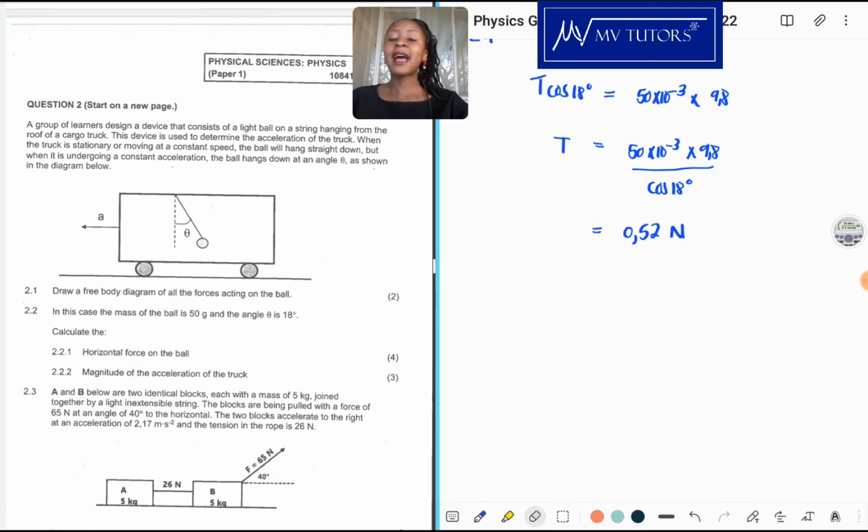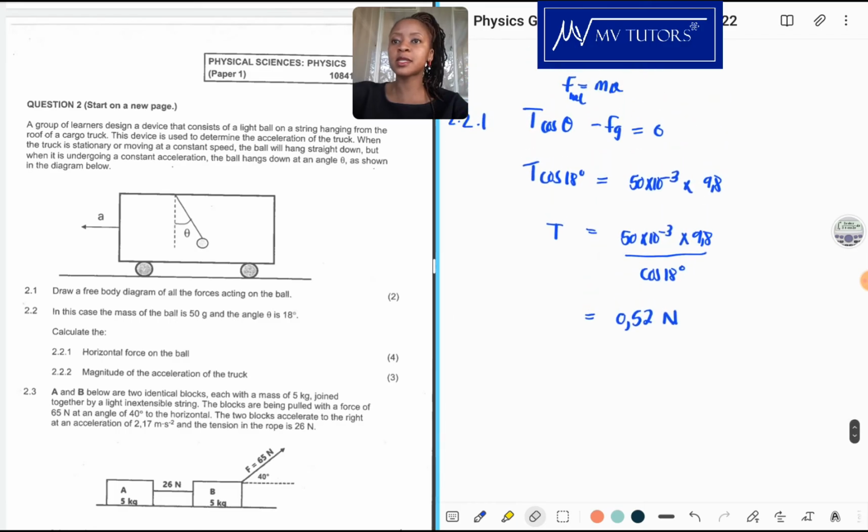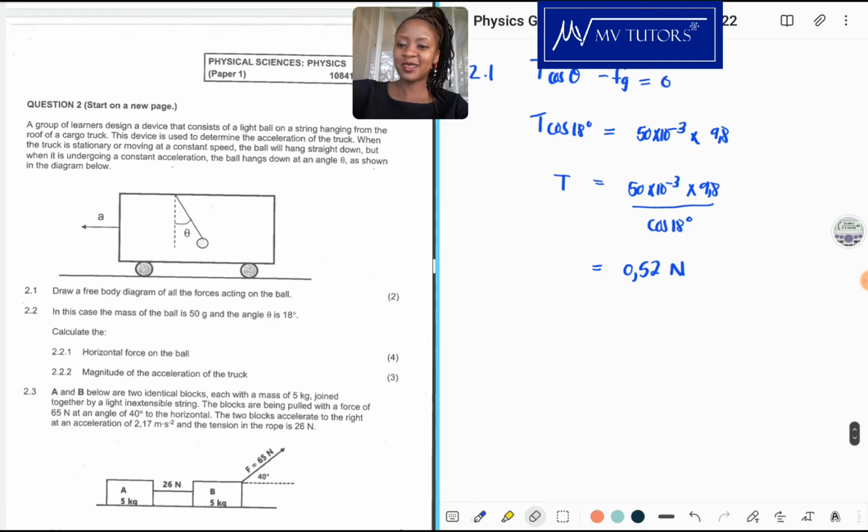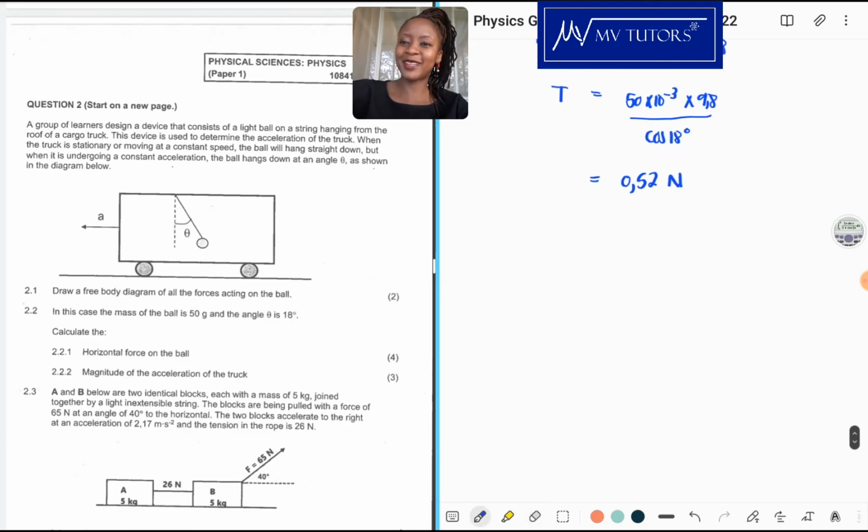So yes, I found what t is. They wanted the horizontal force. So the horizontal force is t sine theta. The danger here is forgetting what the question said. So horizontal force is equal to t sine 18.